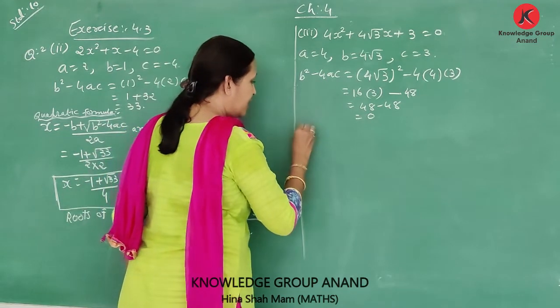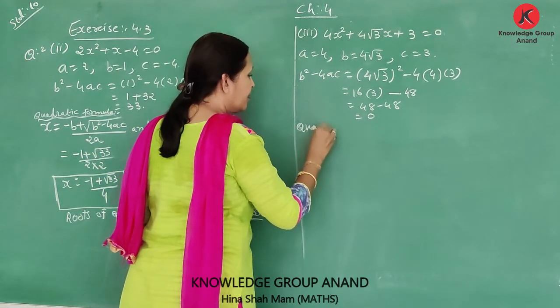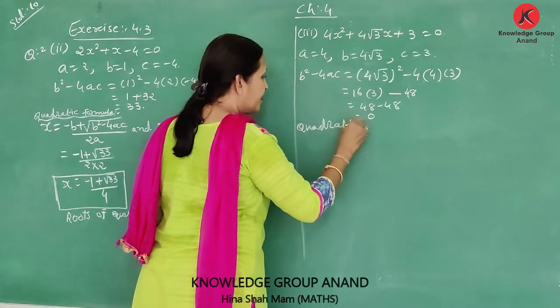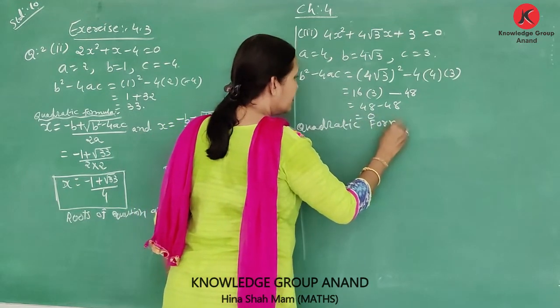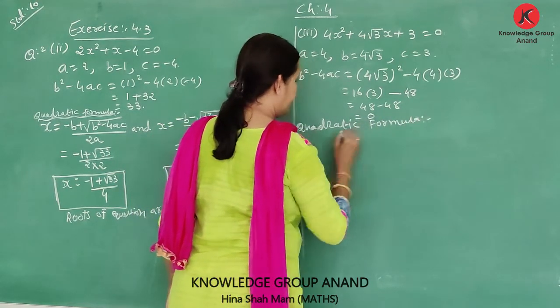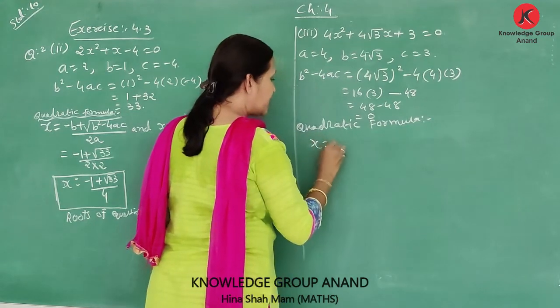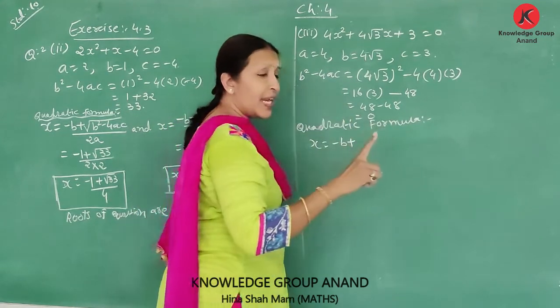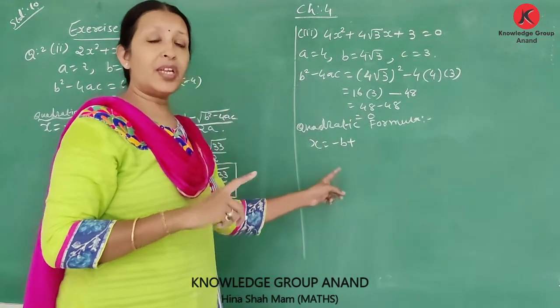Here using the quadratic formula, x is equal to minus b. First we write our formula, then put in the values.